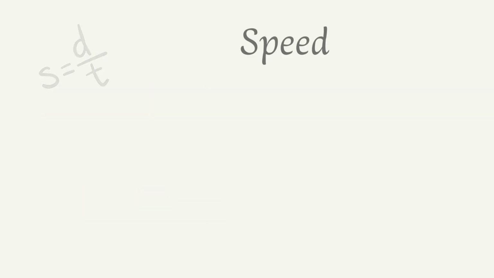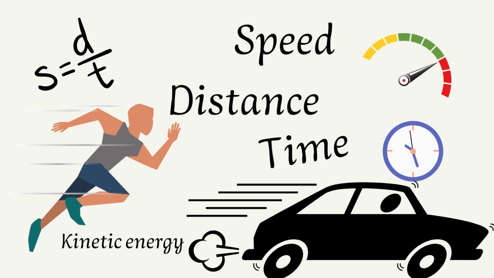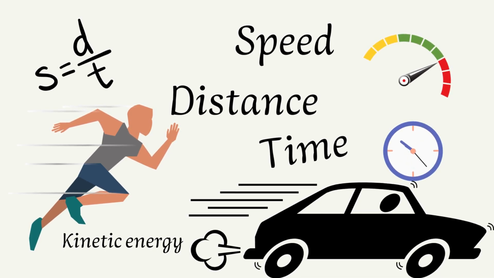We know that the speed is the distance that an object travels in a certain time. As an equation, speed S equals distance divided by time, which is T.